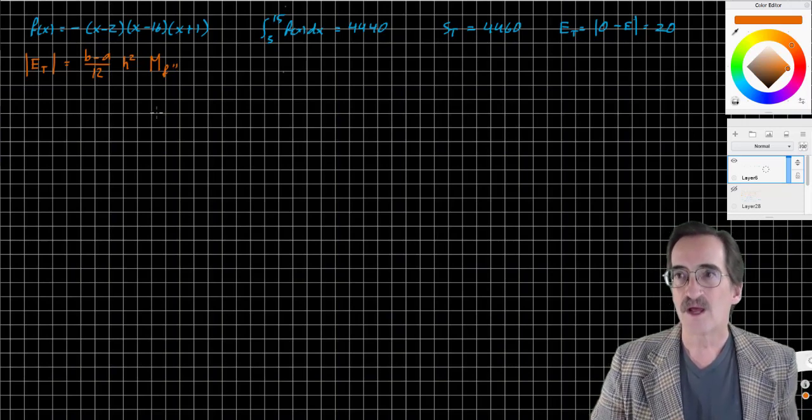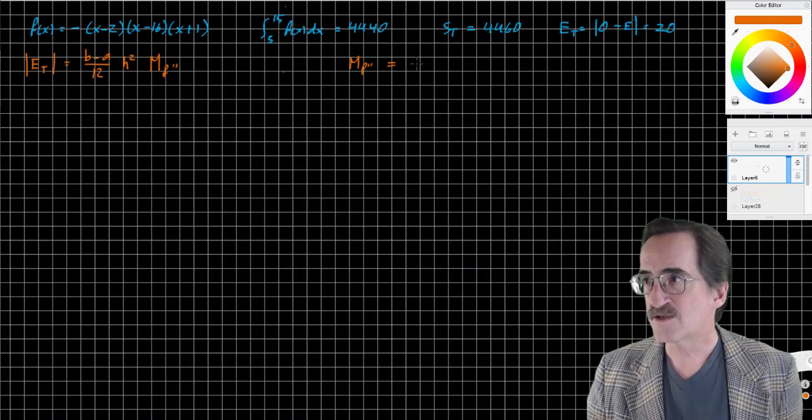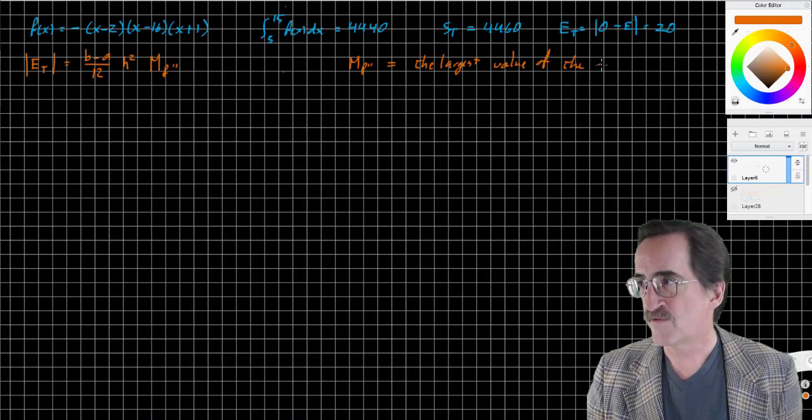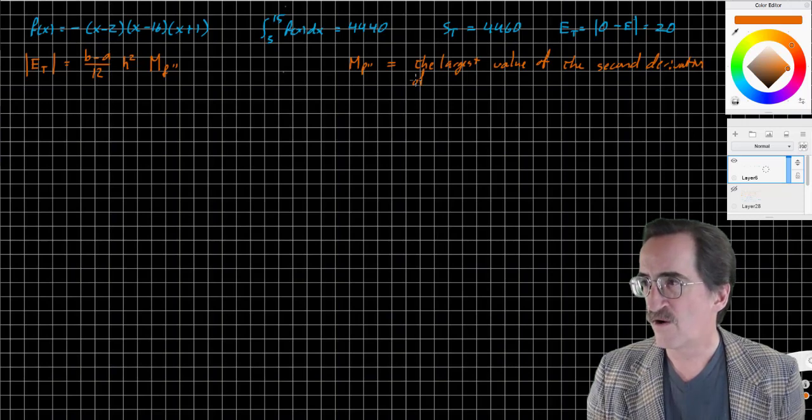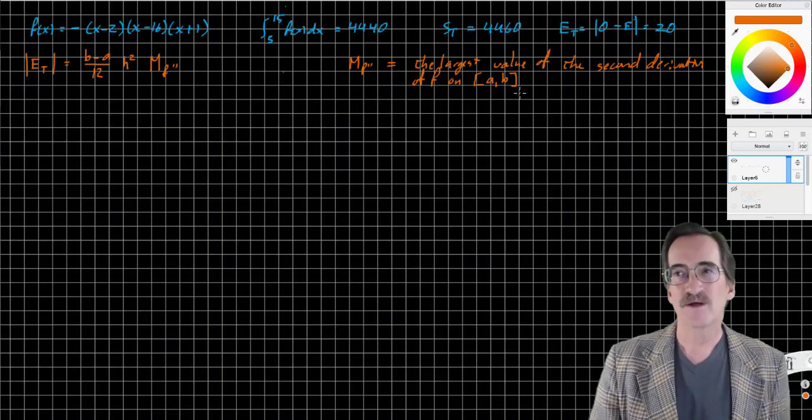What this is, M sub f double prime, is the largest value of the second derivative of f on the boundary between a and b. It's the largest value of the second derivative on the boundary.